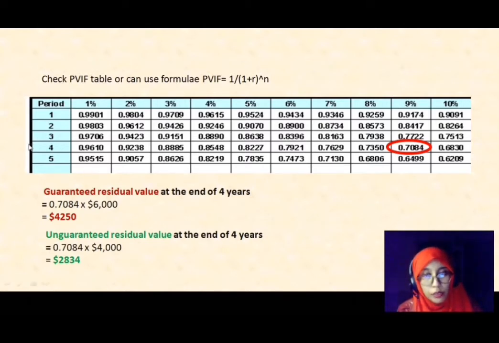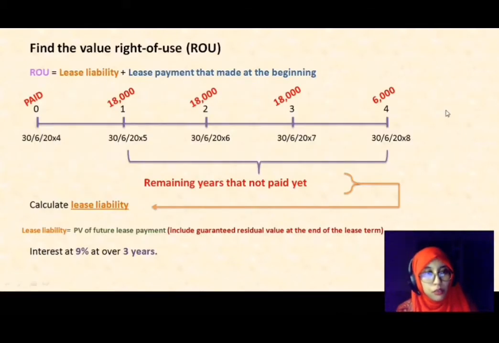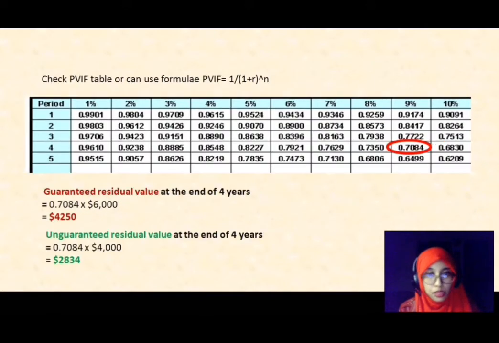Next, we need to use the PVIF table, or just use the formula, at the 4th period. Why the 4th period? Because we pay this at the end of this year. The residual value is the estimated amount of the value at the end of the lease term. So at the end of 4 years, 6,000 is actually equal to 4,250 today.